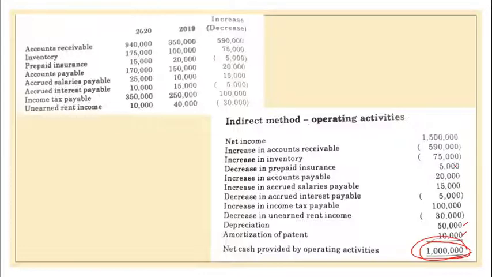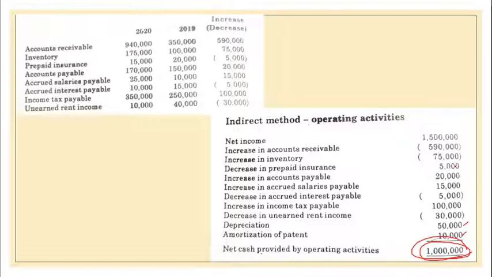For your investing and your financing activities, PAS 7, paragraph 21 provides that an entity shall report separately major classes of gross cash receipts and gross cash payments arising from investing and financing activities using the direct method.